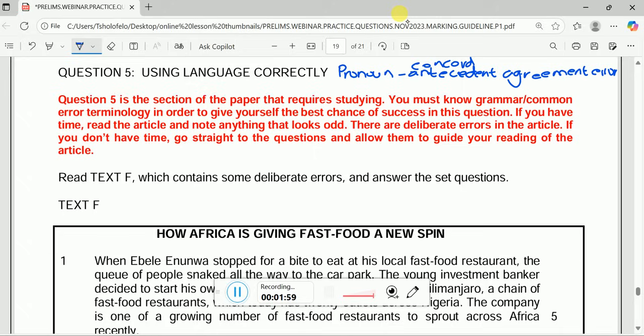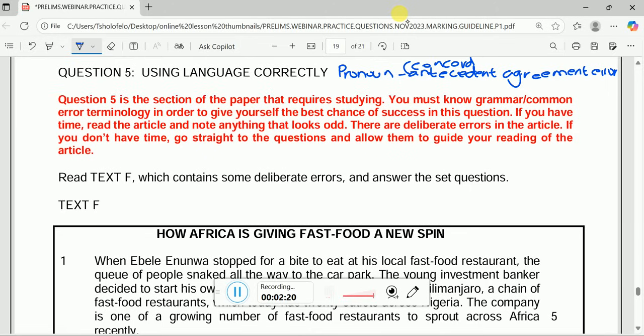Remember, with concord, it's subject-verb agreement. In essence, for any English sentence to convey meaning or to make sense, words must be in agreement. So when you are asked to correct concord errors, it's not all about subject-verb agreement. In other instances, you can have a pronoun-antecedent agreement error. What does that mean?